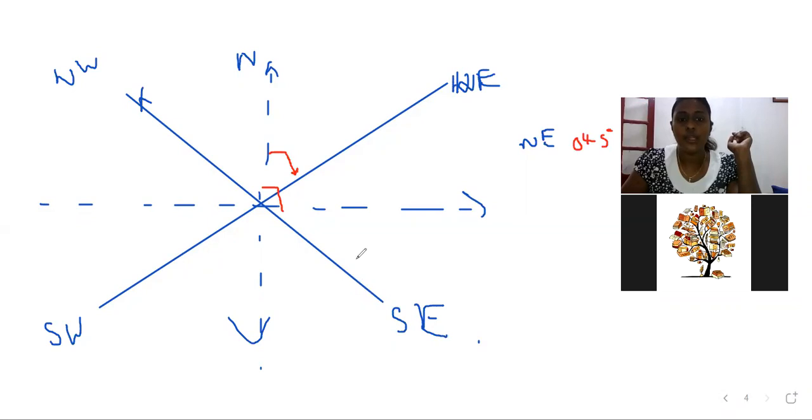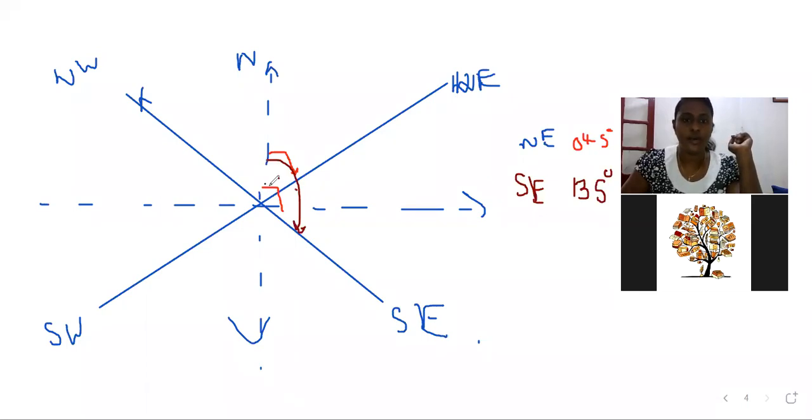Then southeast: southeast means from the direction of north up to here. Here 45, here 45, here 45, three 45s, or 90 plus 45, that is 135.